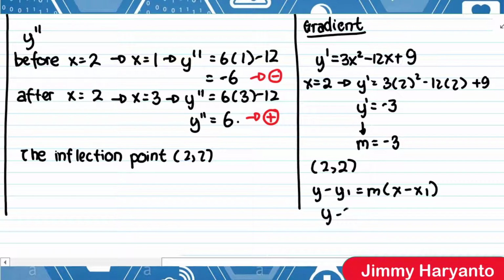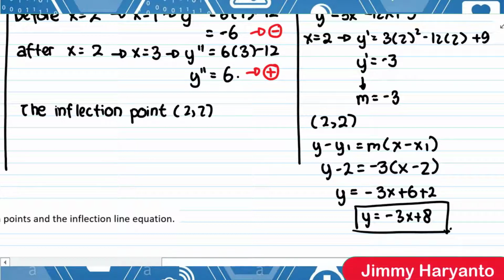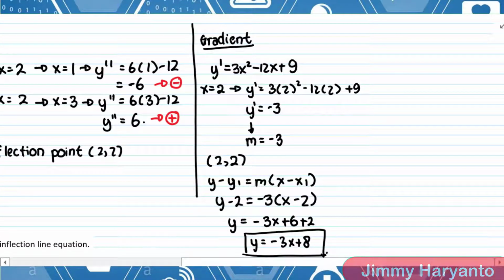So y minus 2 equals negative 3 in the bracket x minus 2. So you'll have y equals negative 3x plus 6 plus 2, yeah. So y will be negative 3x plus 8. So this one is the equation of the line at the inflection point.